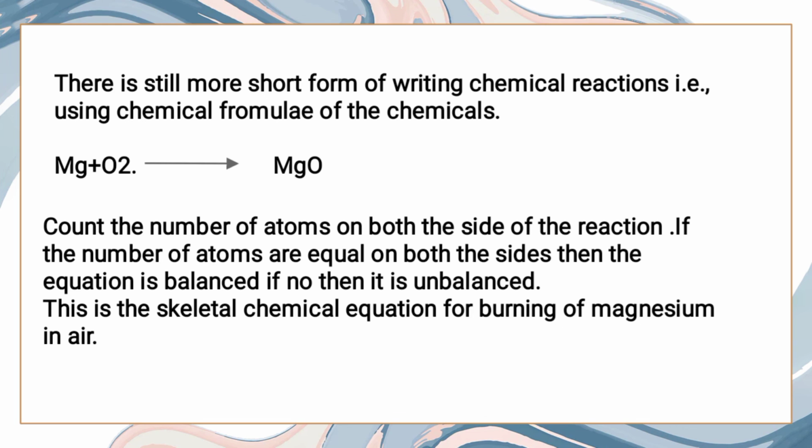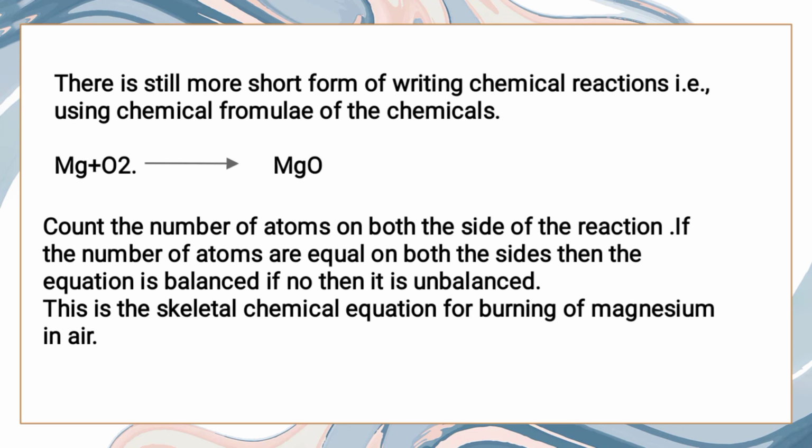So you can see here, there is one atom of magnesium and two atoms of oxygen on the reactant side. Coming to the product side, you have one atom of magnesium. So one atom of magnesium on the product side and one atom of magnesium on the reactant side.